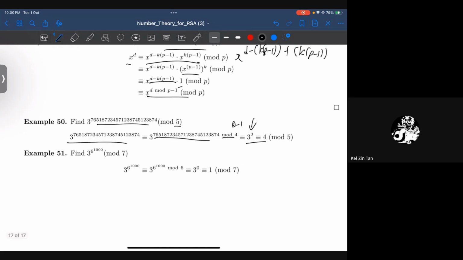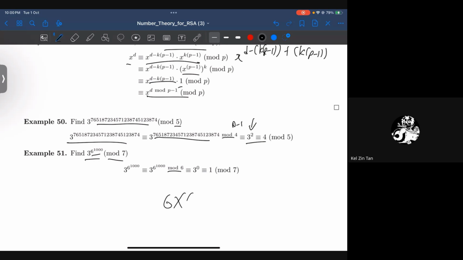Another example is that we have 3 to the power of 6 to the power of 1000. So 6 to the power of 1000 is a very, very large number, and we can't even imagine it. But because we do modulo 7, we can do minus 1 on top of the power. So 6 to the power of 1000 modulo 6 is just 0, right?